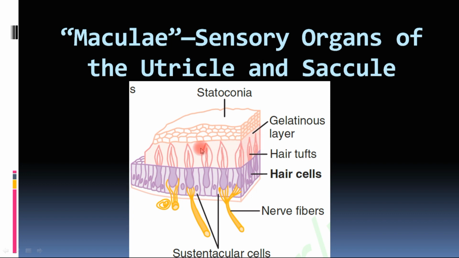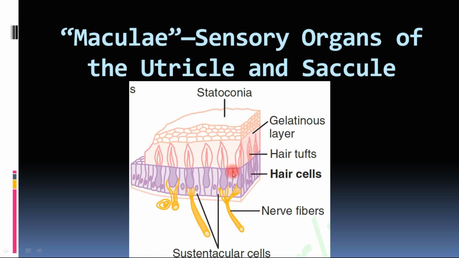And the main sensory receptor which is present inside the inner ear is the hair cell. Let it be inside the macula, inside the crista ampullaris, or inside the cochlea, each of them has the important functional receptor, that is called the hair cell.